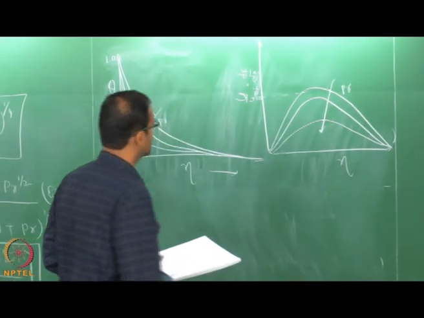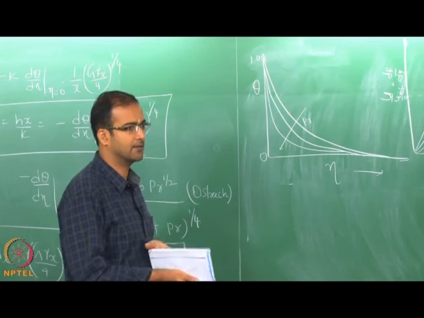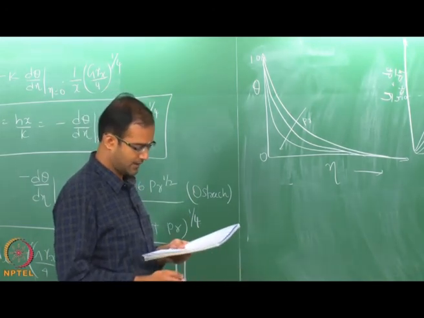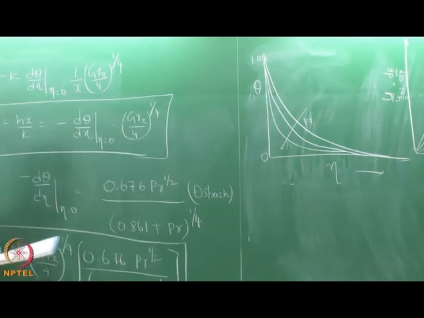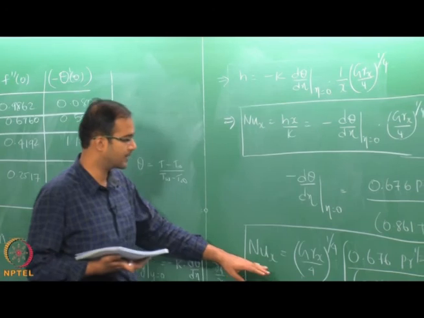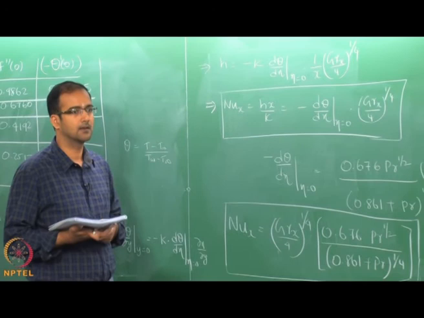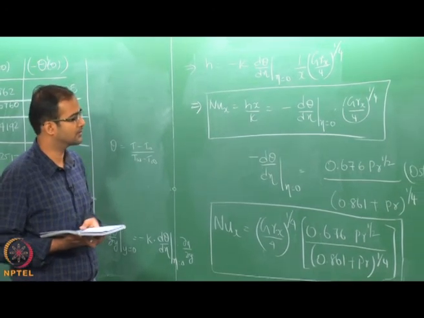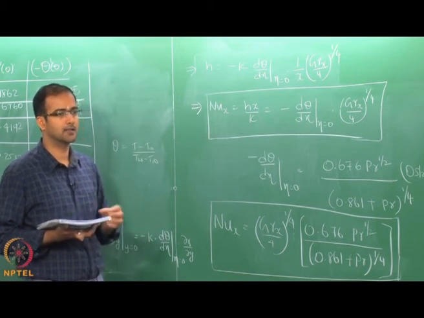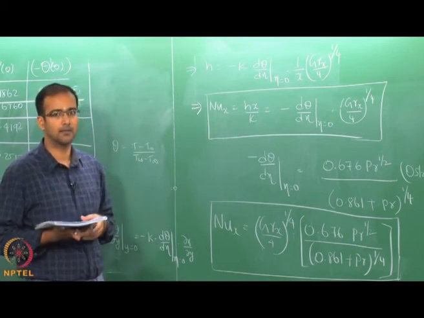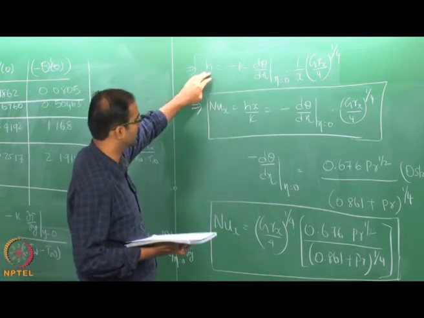Now, you should remember that these similarity solutions for natural convection, both velocity and temperature are functions of Prandtl number. Okay. So, we have to be careful about it. So, next thing I am interested in is, if you want to calculate an average heat transfer coefficient, just like we did for the classical Pohlhausen solution. Sometimes when you solve heat transfer problems, you are not interested in the local heat transfer coefficient, but average values. Okay. So, let us try to therefore start from this point here.